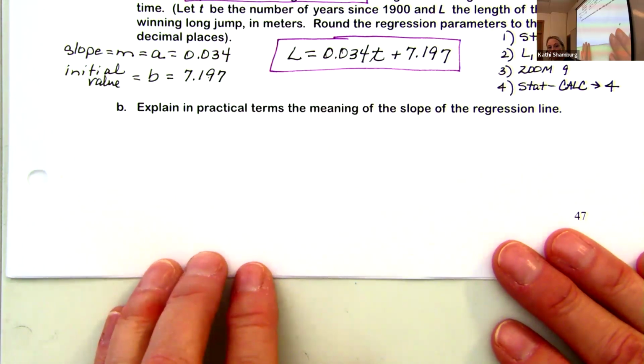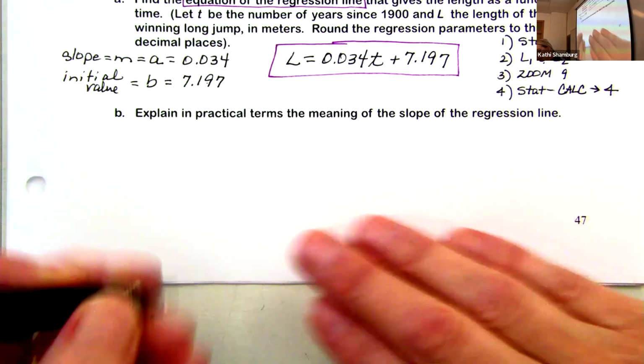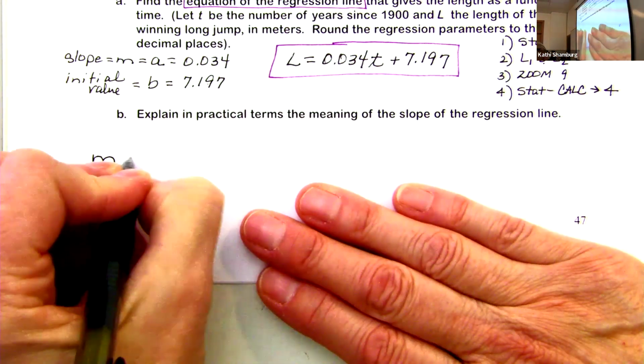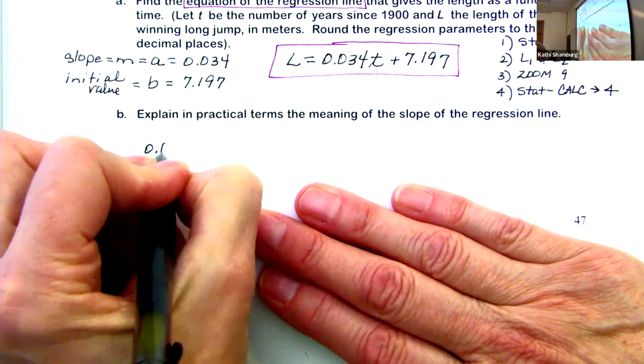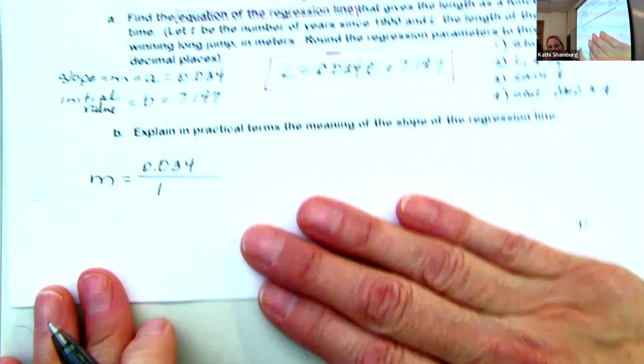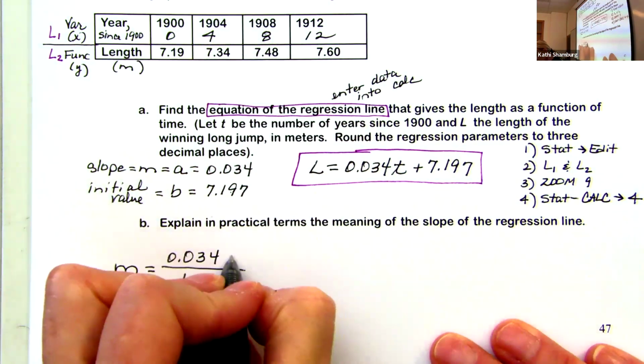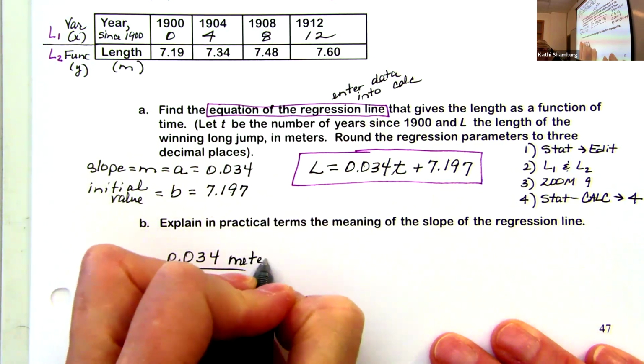Explain in practical terms the meaning of the slope of the regression line. Okay, so my slope is 0.034 over 1. So now I'm going to take a look at my table. And 0.034 is what? What would you label that as? Meters. That's your function.